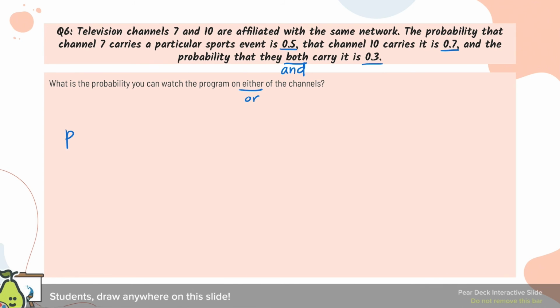So again, we can use this formula, but notice that and doesn't go first. So let's say channel 7 or channel 10, and this is what I'm looking for. So I'm going to find the probability of this using this formula instead.